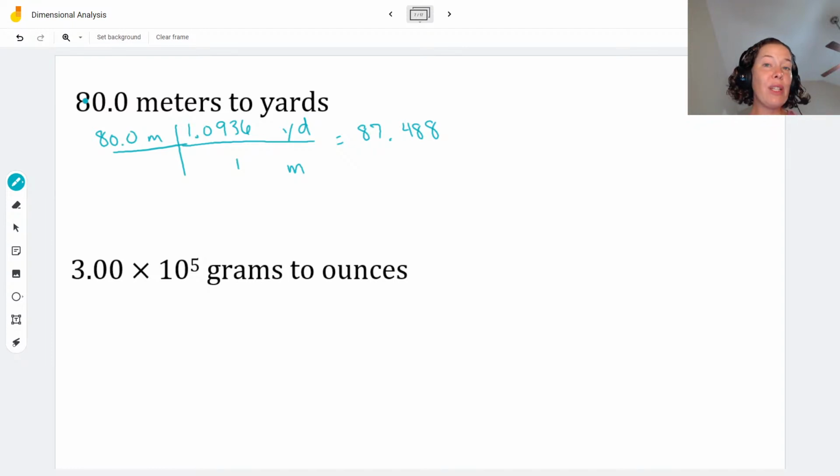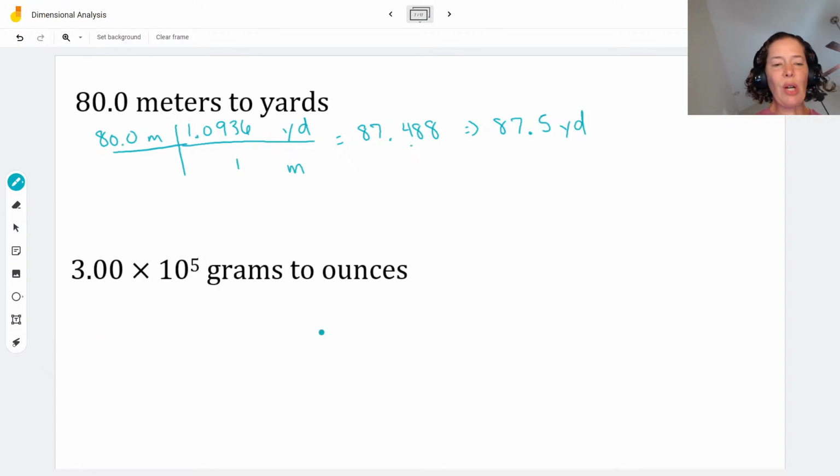So this 80.0 has 3 sig figs. And let's take a look at our conversion factor. We have 1, 2, 3, 4, 5 sig figs. Again, conversion factor is not limiting us, so we need 3 sig figs, which means I'm going to round right here. So this is 87.5 yards for our answer with the correct number of sig figs.